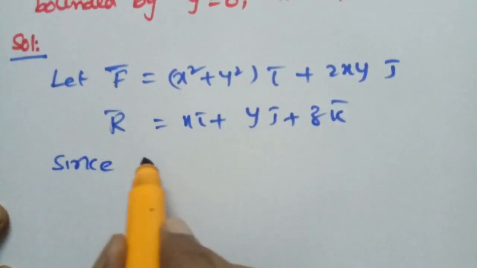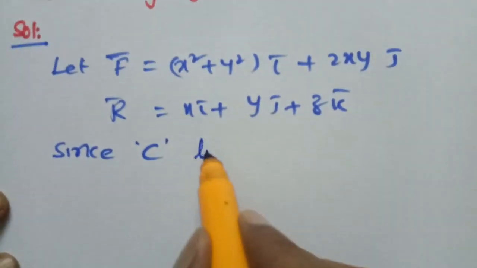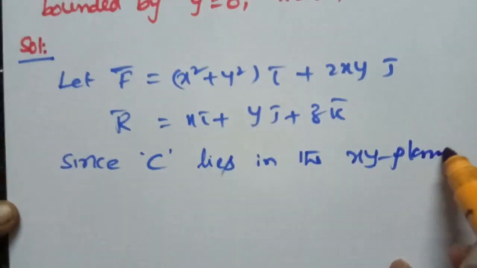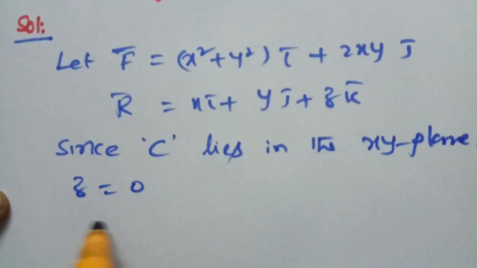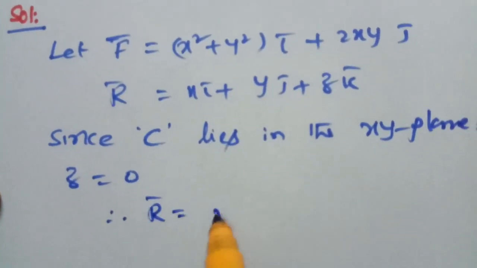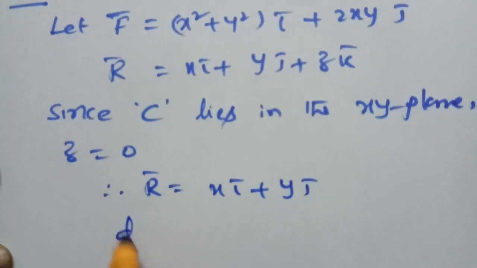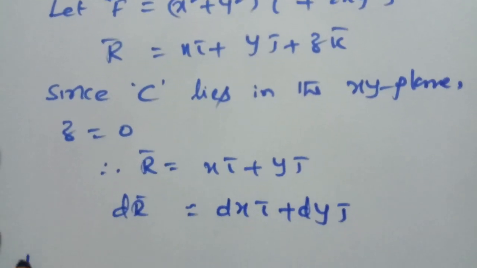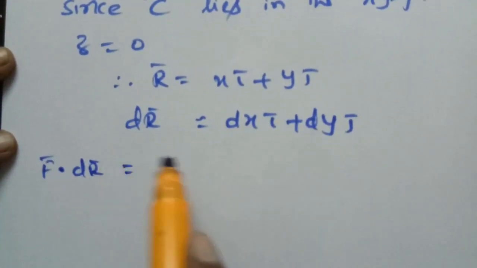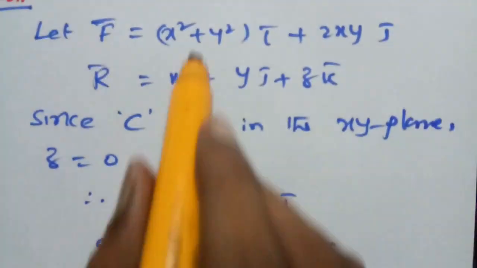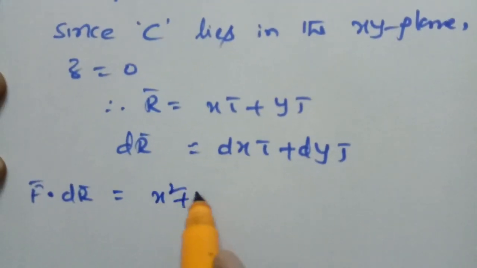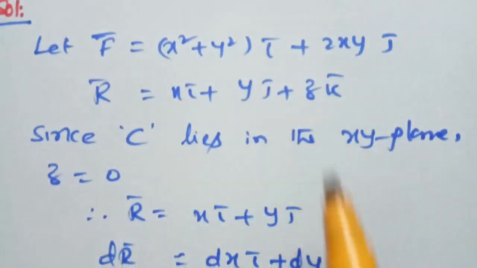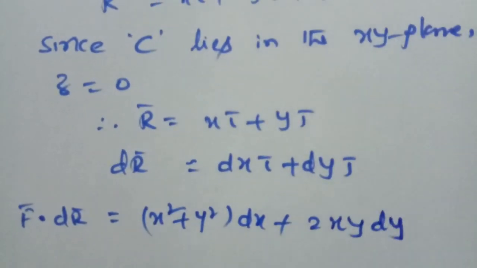Since the curve C lies in the xy plane, z is equal to 0. Therefore r bar is x i bar + y j bar. Differentiating on both sides, dr bar = dx i bar + dy j bar. Therefore f bar dot dr bar is (x² + y²) dx + 2xy dy.